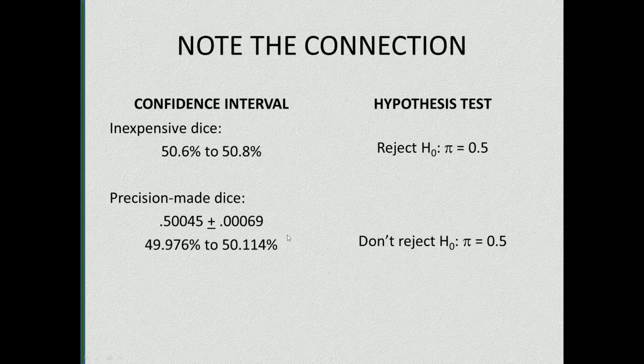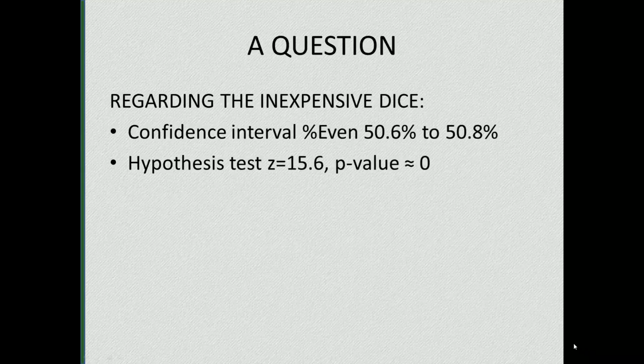Another question for you. Again, let's focus on those inexpensive dice. We've noted that the confidence interval, the chance of getting an even number, is somewhere between 50.6 and 50.8%. We're pretty sure it's not 50-50.